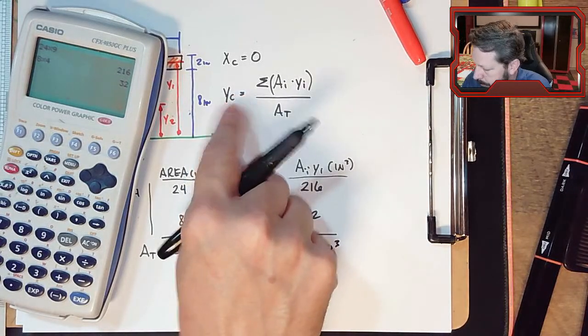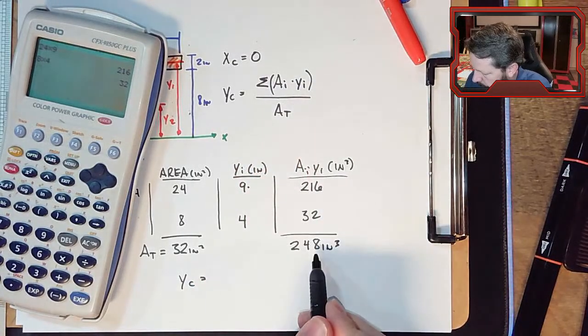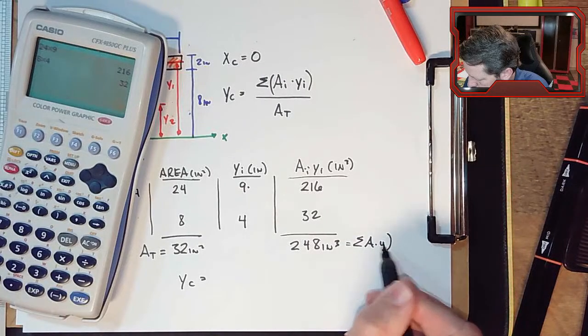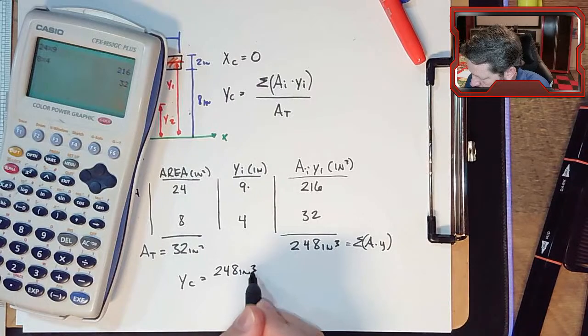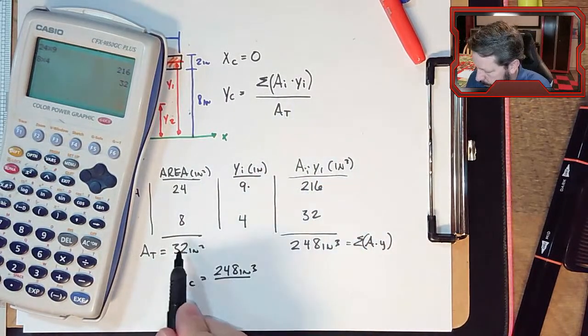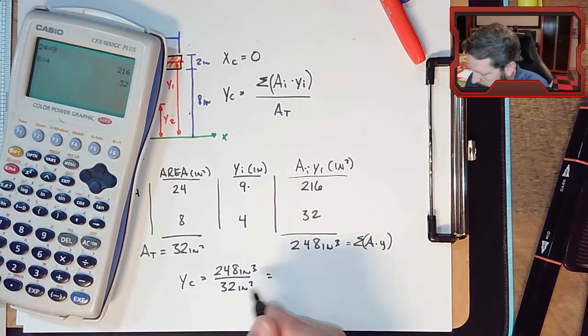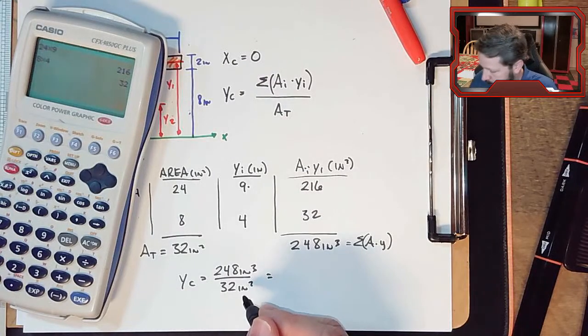And then to calculate y sub c is the summation of A times Y, which is right here. So 248 inches cubed divided by the total area, which is right here, 32 inches squared. My units are going to work out. They're going to be inches cubed over inches squared, which would just be inches.